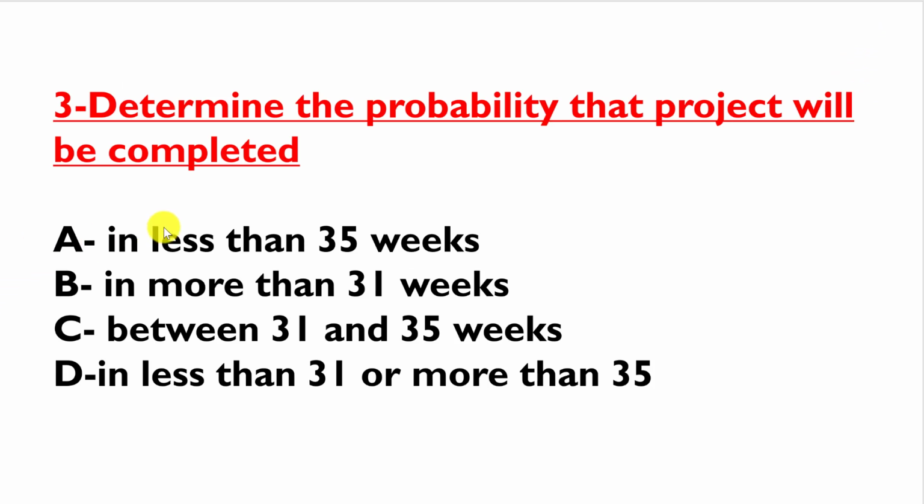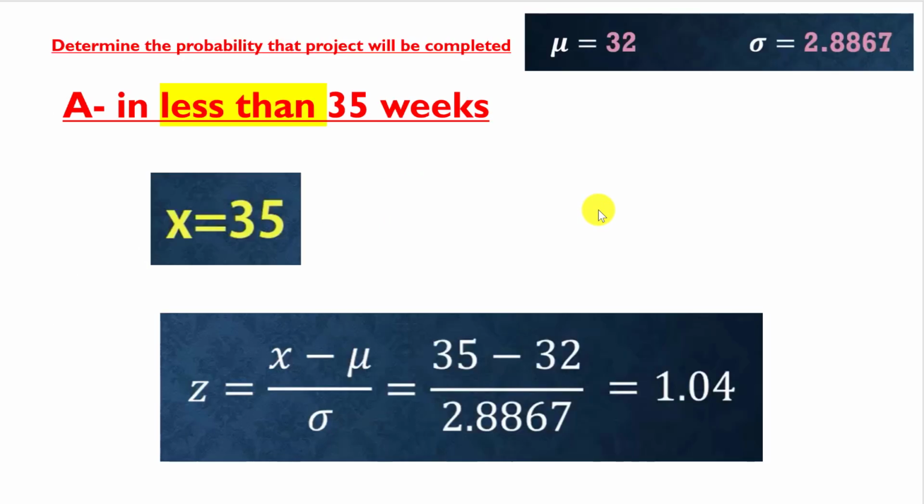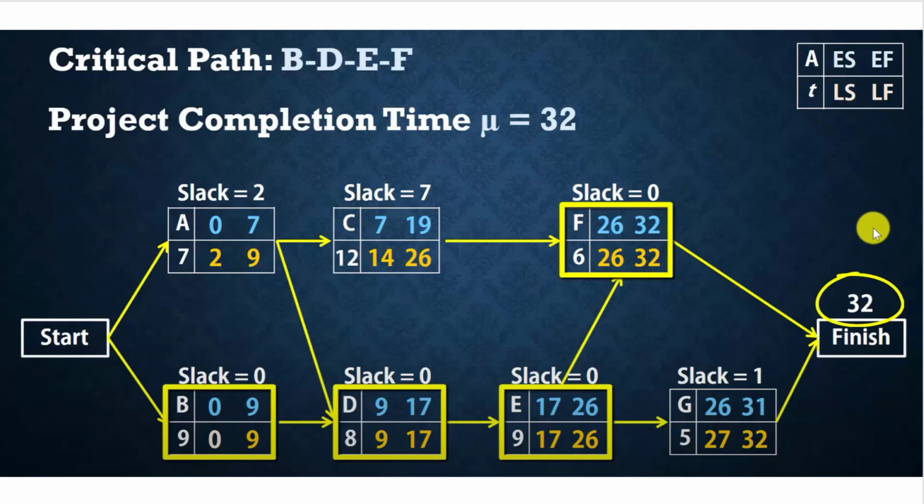Again, the first case in the third requirement is to determine the probability that the project will be completed in less than 35 weeks. To determine this, we should have three factors: x equals 35 and mu. Mu here is equal to the finish time. If we return to the network, the finish time is equal to 32.